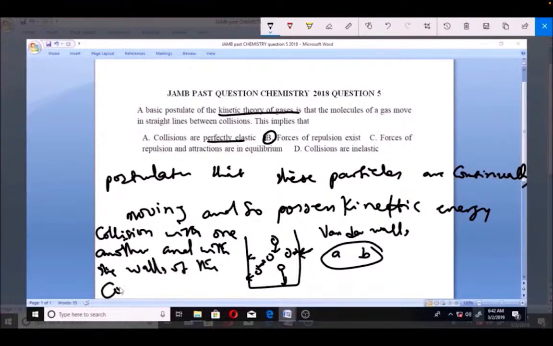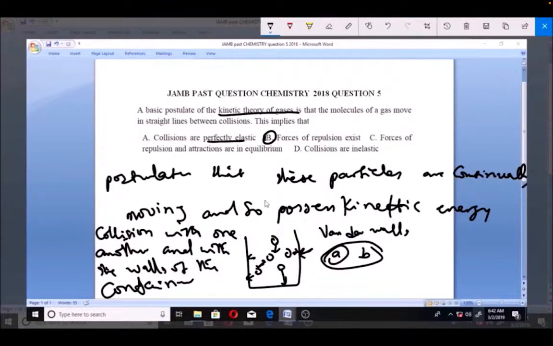So that's where collision normally happens, with one another and with the walls of the container. And there is always force of repulsion existing. If you check the Van der Waals equation, you see where this correction for force of repulsion is taken care of. So B is the accurate answer.